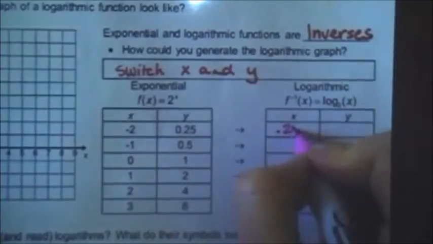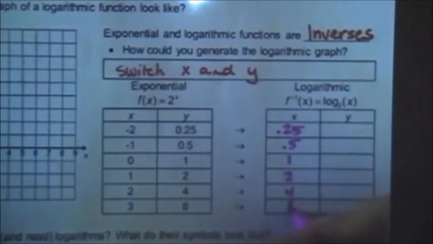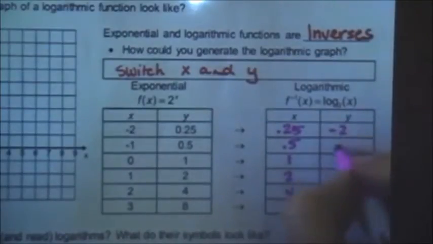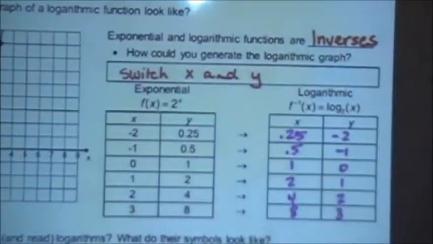So I get 0.25, 0.5, 1, 2, 4, and 8. And then I'm going to graph this, and that'll show me what my logarithmic function is going to look like.